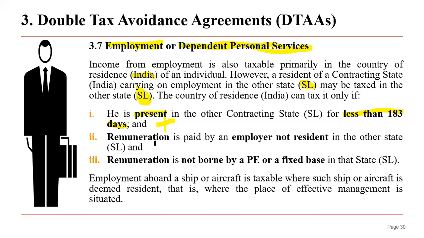If an Indian person who came into Sri Lanka exceeds 180 days, definitely he will be taxed in Sri Lanka without any dispute, right? So the first condition is he should be less than 180 days. I just put India as an example. You need to go to the treaty to see exactly how it is worded.